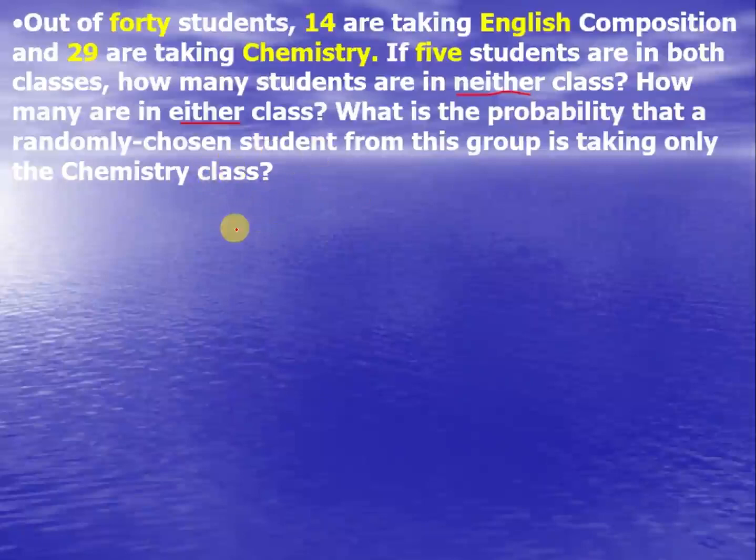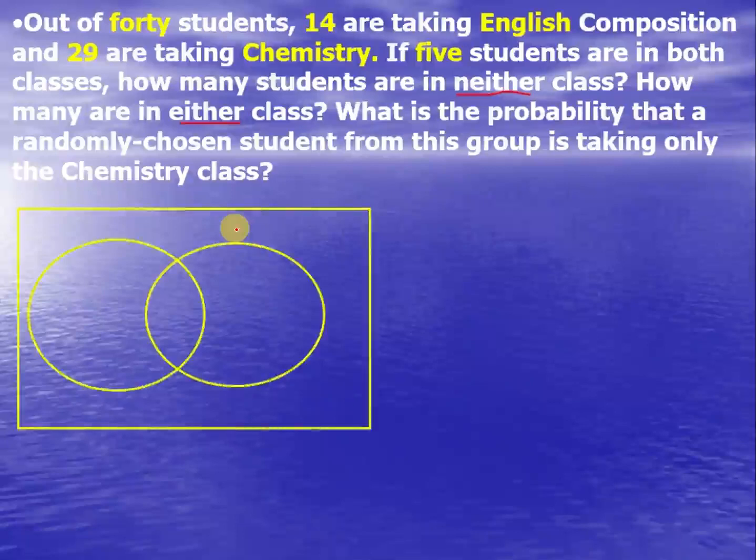We can say let U be the number of students in the class, let E be the number of students taking English, let C be the number of students taking chemistry, and then maybe the intersection and all that. Please take your time and go through it. They have taught you that already, but I'm just here to let you know how you are going to put these things in the Venn diagram to understand them very well. So after you have done that, you draw the Venn diagram and you put this information inside.